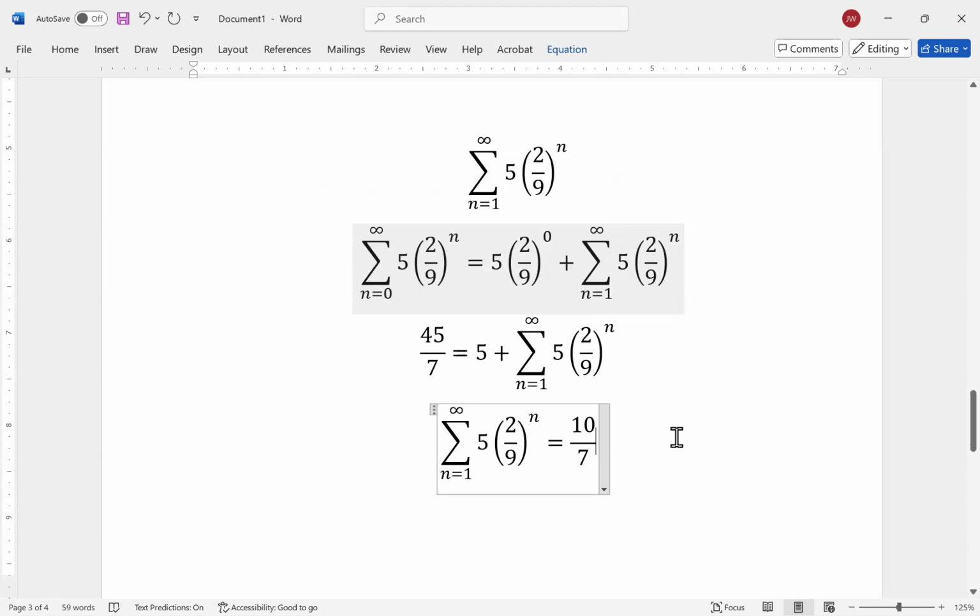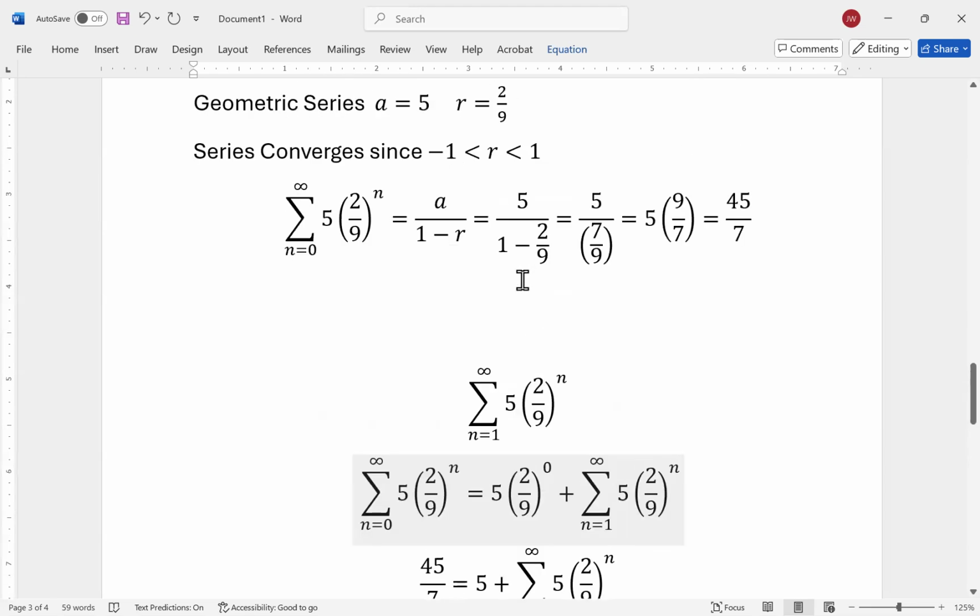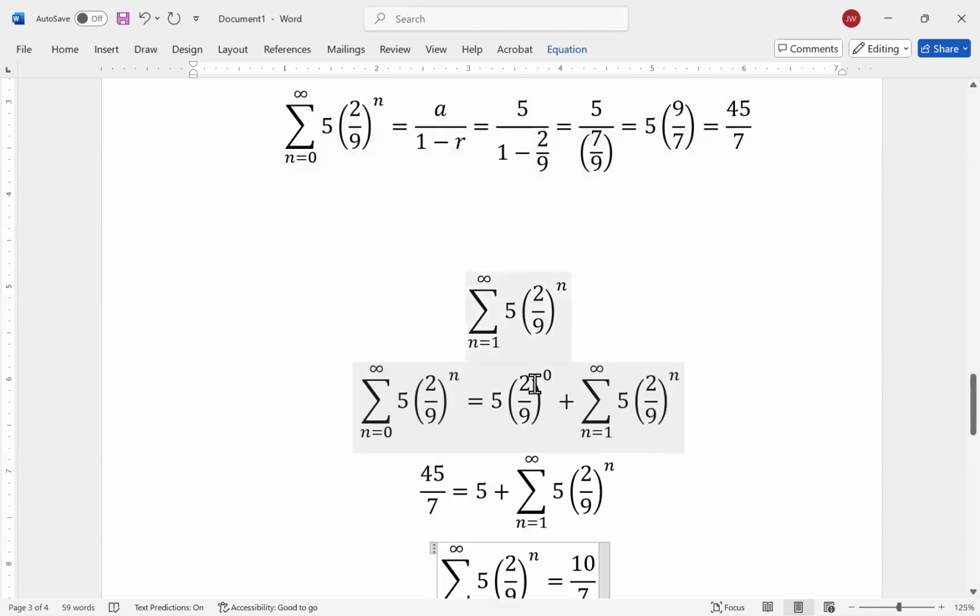So basically, if we start our count at anything other than 0, then I begin by calculating what the summation is at n equals 0, and then I lop off this first term. If I was looking for n equals 2, then I could lop off the first two terms. I could lop off when I plug in n equals 0, and then lop off when I plug in n equals 1.